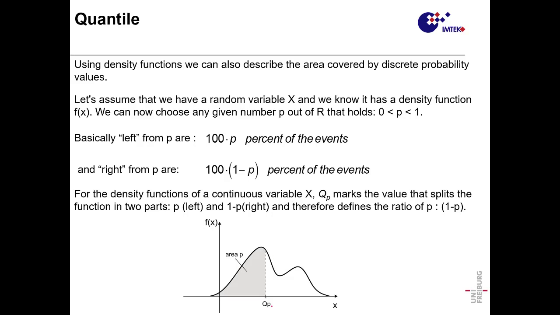And let's say that you place some point P in some part of the distribution. Then to the left of the distribution, you will have 100 times P. So if you say 0 to 100, right, of the point, so the percentage. And to the right, you will have 1 minus P times this 100, right?